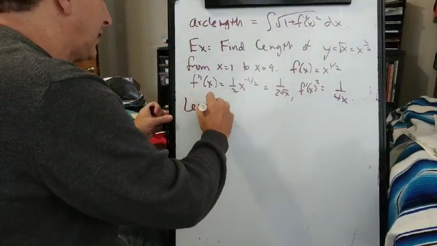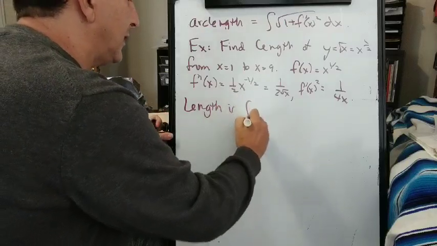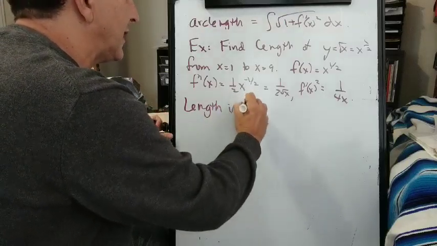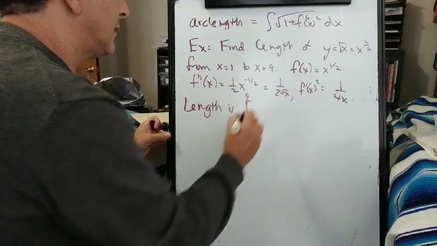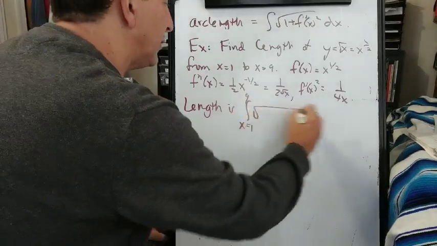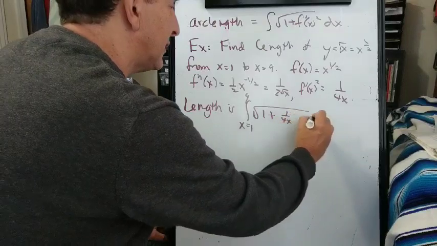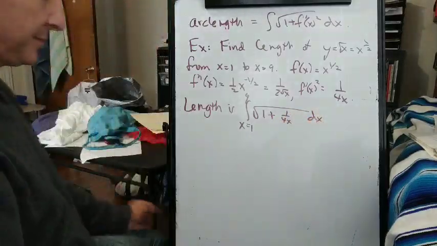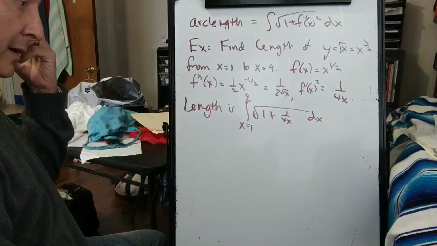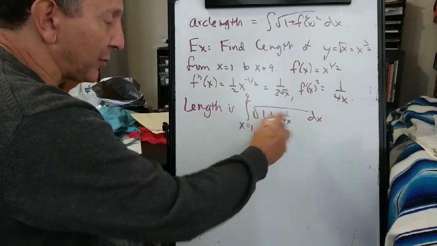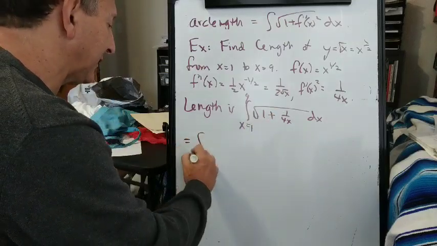So the length is the integral from 1 to 9 of square root of 1 plus derivative squared, 1 over 4x, dx. I guess I could write this as 4x plus 1 over 4x in case that makes it easier.